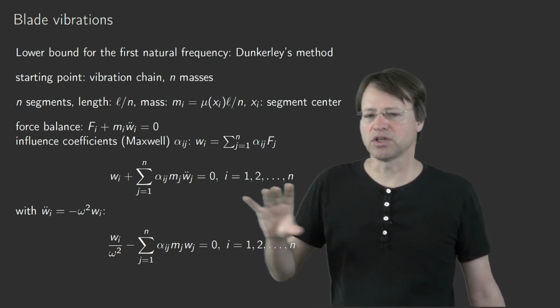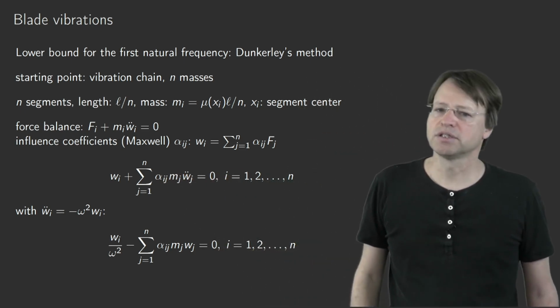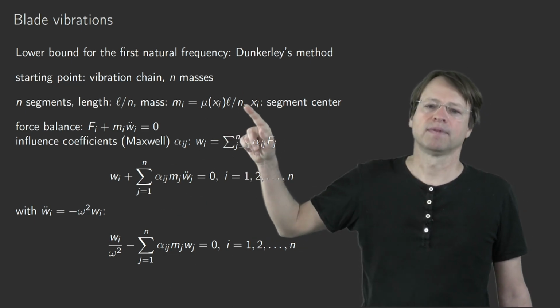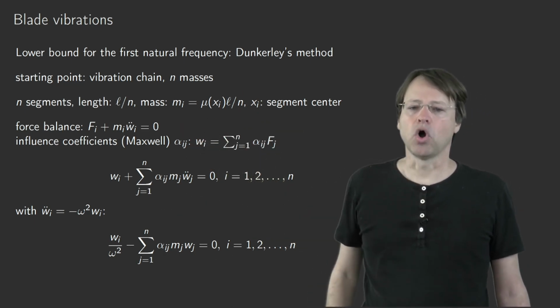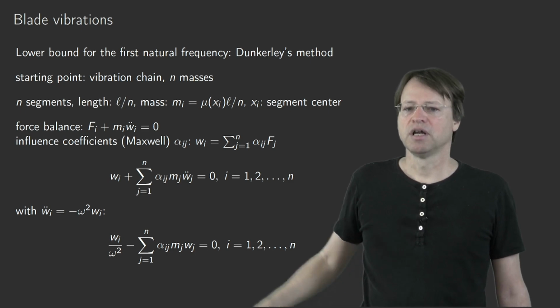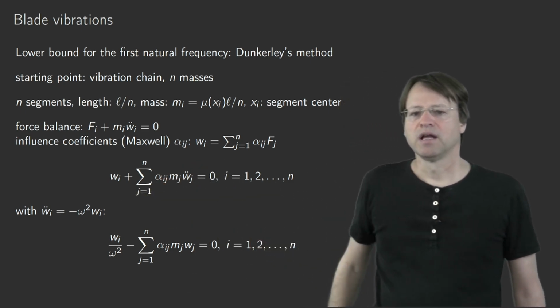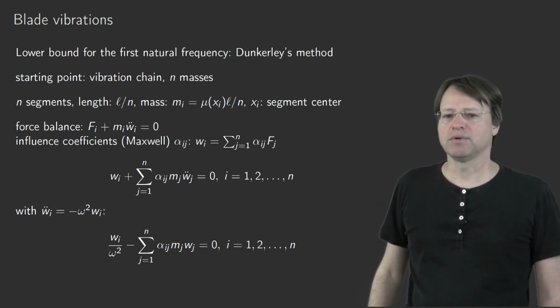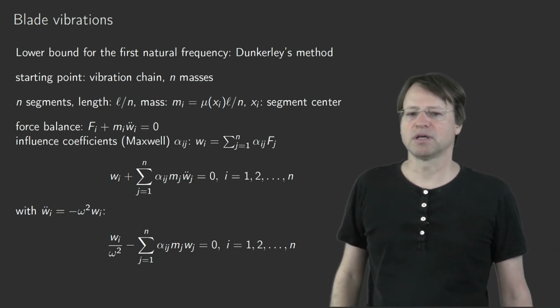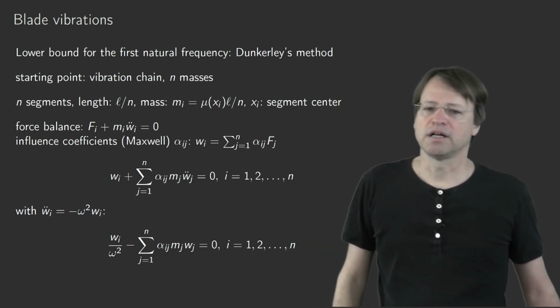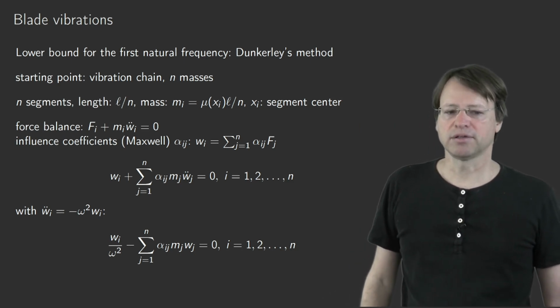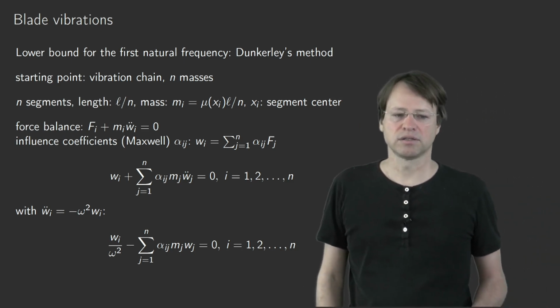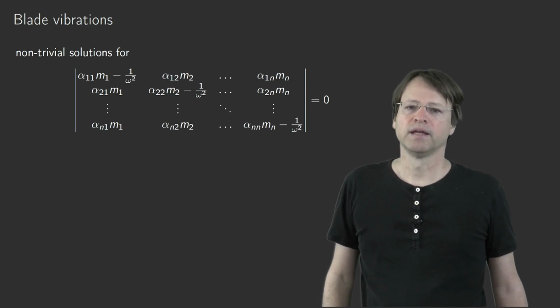So it's a coupled set of equations, and as you can see, it has been at the very beginning an ordinary differential equation. But due to the setting, we now leave the ordinary differential equations and we have an algebraic equation for W sub i. And that algebraic equation can be written in matrix form. That's done on the next slide.